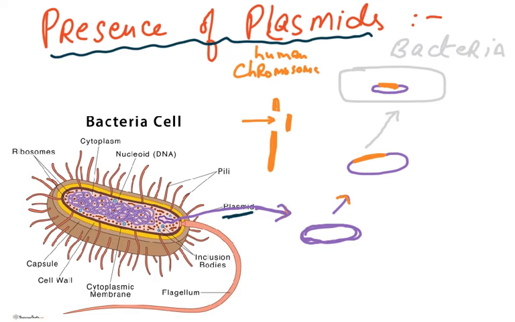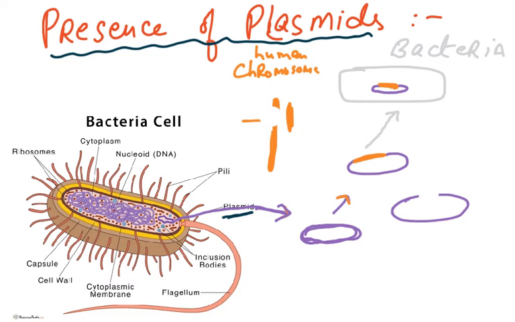And now what have we done? First, we cut it. This plasmid was like this, and then we cut it, and then we add. Now this is a human chromosome, which I have just drawn here. I have removed this part, which was removed from the chromosome.